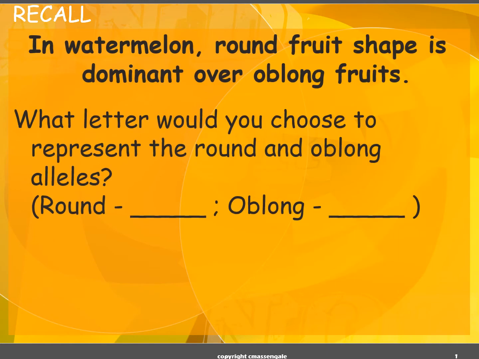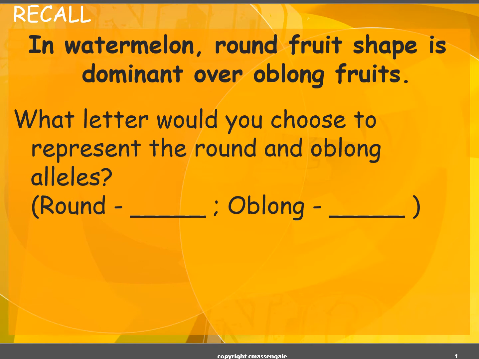So, in our review class, I have here some questions that will enable you to remember the definitions of the genetic terms that we discussed, specifically genotype, phenotype, homozygous, heterozygous, dominant, and recessive. So, now let's start. In watermelon, round fruit shape is dominant over oblong fruit.